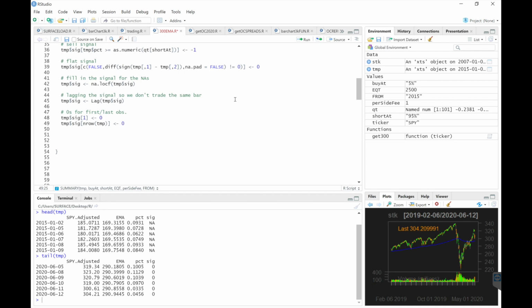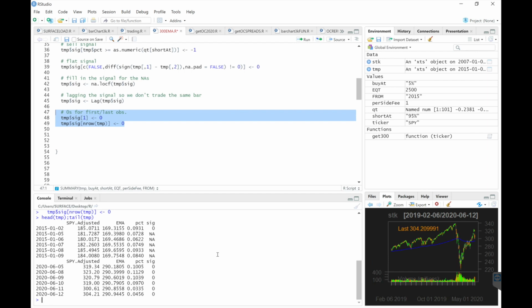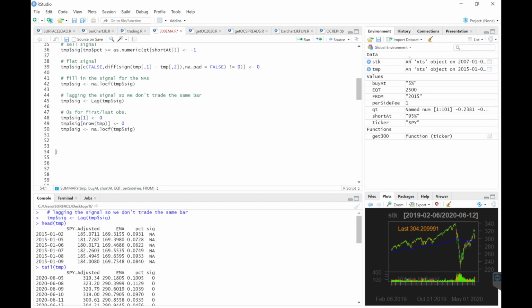And for the last observation, we'll add 0. We'll run these. Now I'm going to have to fill in these NAs, so I'll just use this again. There shouldn't be any NAs for signal.